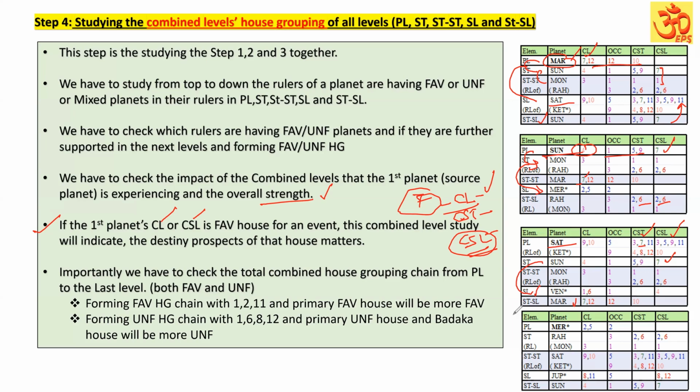So that way, if the planet, especially CL or CSL, is present in a favorable house for an event, the combined level study will indicate the destiny prospects for the event. Similarly, whatever planet is in CL or CSL, for example, it is the 12th lord. The 12th lord is not further supported by any unfavorable houses, and also not supported by any unfavorable houses in the sublord.